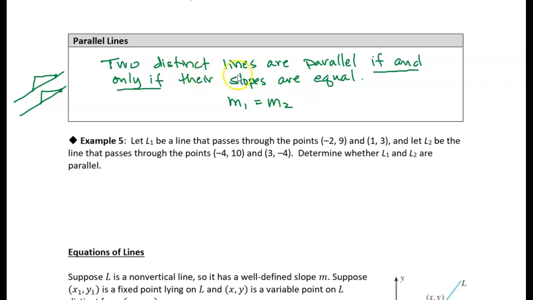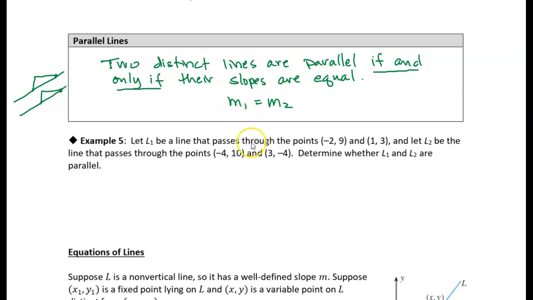Two distinct lines are parallel if their slopes are equal, and we can read it backwards: if the slopes are equal, then the lines are parallel, okay? So that's what that "if and only if" means, that both the statement and its converse are true. All right, so if we have two lines, line 1 and line 2, then m1 and m2 are equal, if those are the corresponding slopes of those lines.